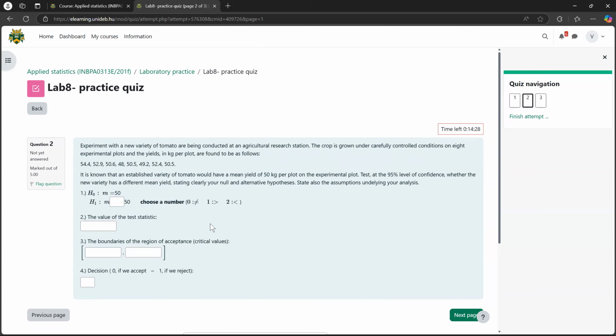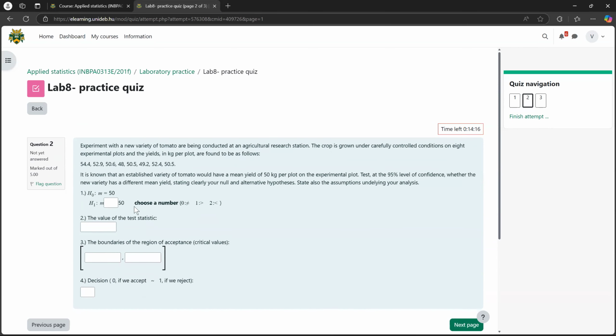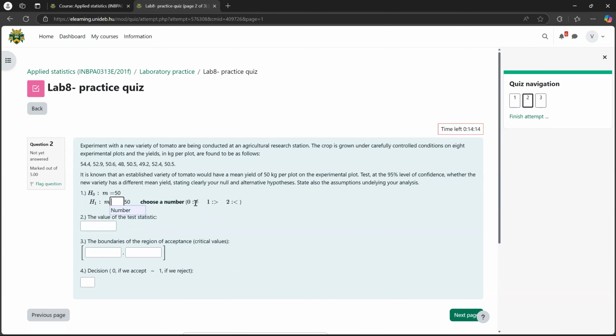Now here one thing is interesting. Here they let us choose the alternative hypothesis. In the z-test, they decided that it was not equal to, which means we used both tails. In this case, they let us decide whether we choose not equal to, or bigger than, or smaller than. And we put in a number: if we put 0 here, it means not equal to, because we can't type the exact not equal to sign here.